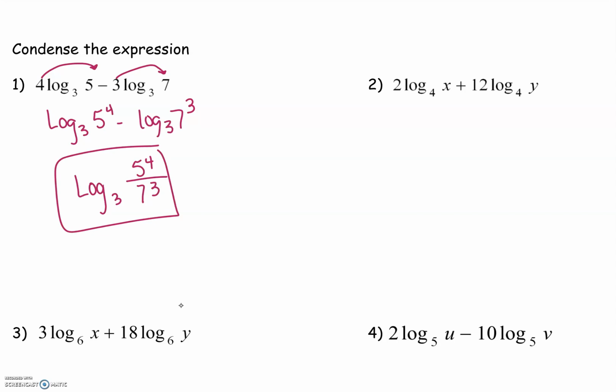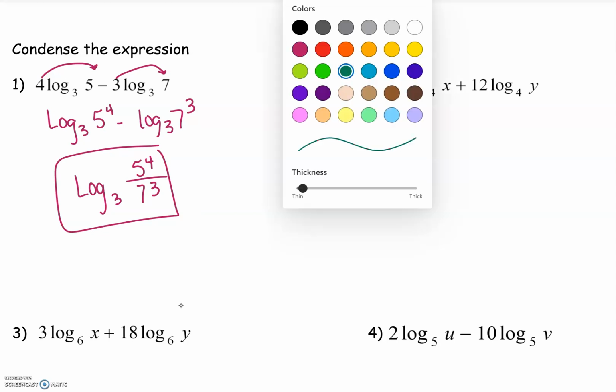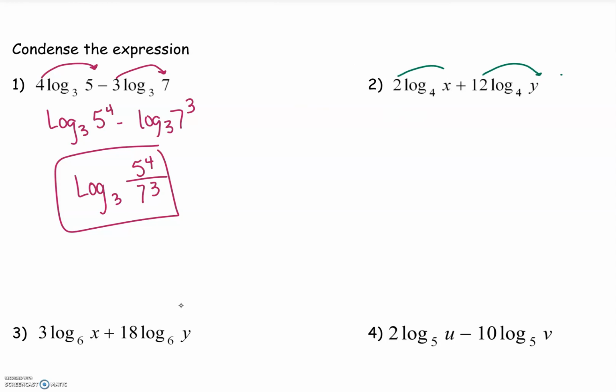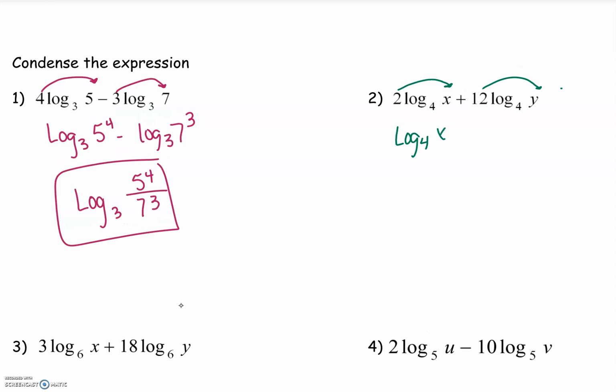And then on this one, it's addition, so we have multiplication, but we first again need to move our coefficients to become those exponents. So log base 4 of x to the 2nd plus log base 4 of y to the 12th. And multiplication, so it is log base 4 of x squared times y to the 12th.